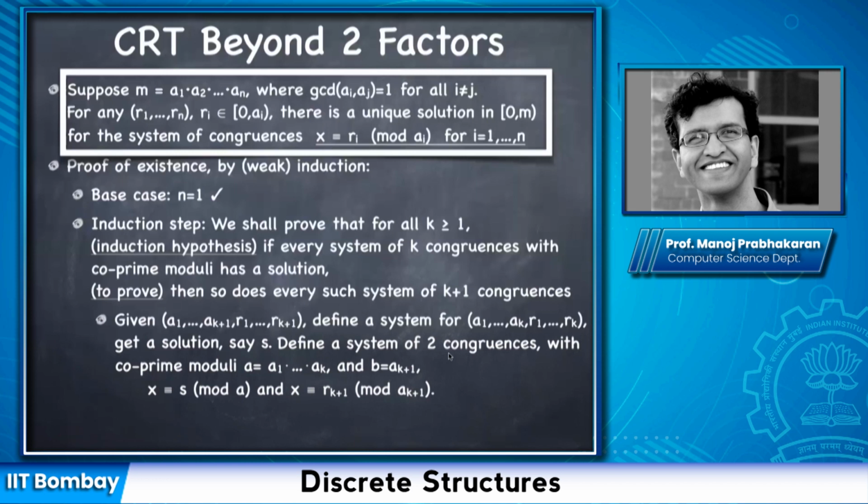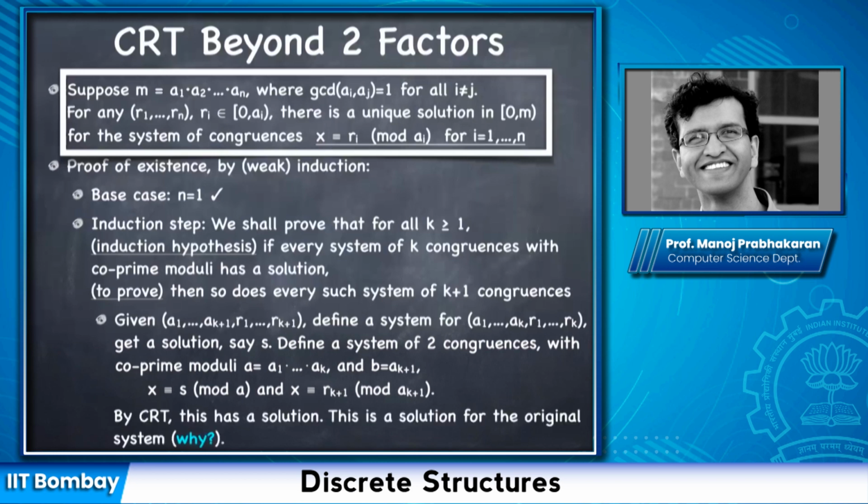And here, now I'm going to use CRT to get a solution. So this is a setting where I can apply the CRT. A and B are co-prime with each other, and so there exists a solution X that satisfies both these, okay?